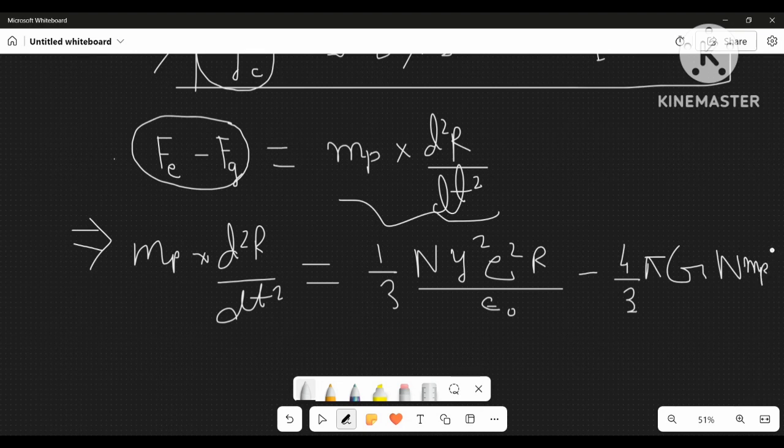Yeah, what was that force due to gravity? It was this much, in mp, and then square, n mp square, basically this.